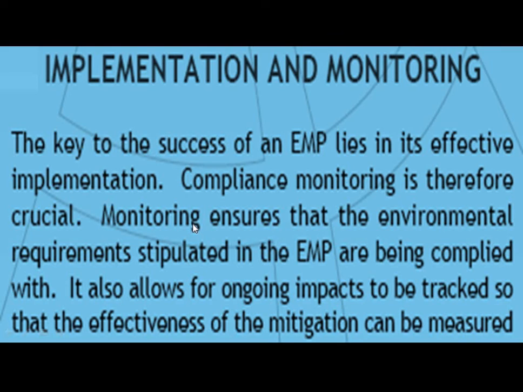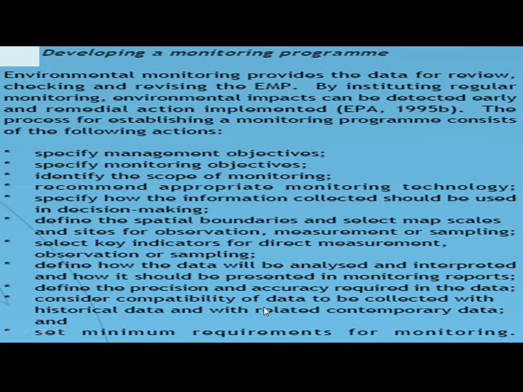So, implementation monitoring. Proper implementation is a very crucial part of EMP management plans. It allows ongoing impacts to be tracked and the effectiveness of mitigation to be measured. In developing a monitoring program, specify the management objectives, specify the monitoring objectives, specify the scope of monitoring, and recommend the appropriate monitoring technology.